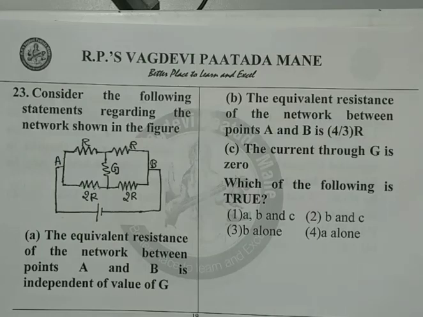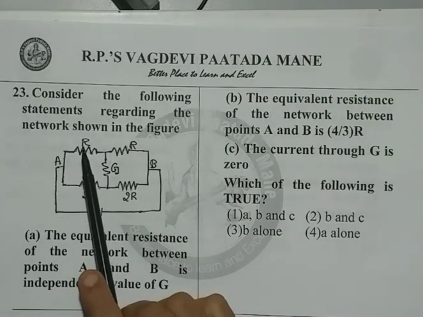We read it now. Consider the following statements regarding the network shown in the figure. First statement is equivalent resistance of the network between A and B is independent of value of G. Say, we just observe, this is just a Wheatstone network written in a slightly different form.